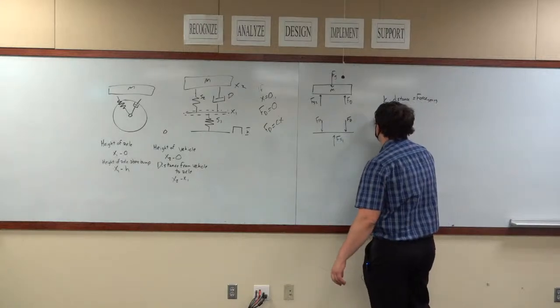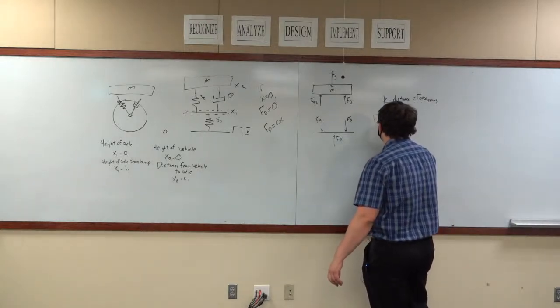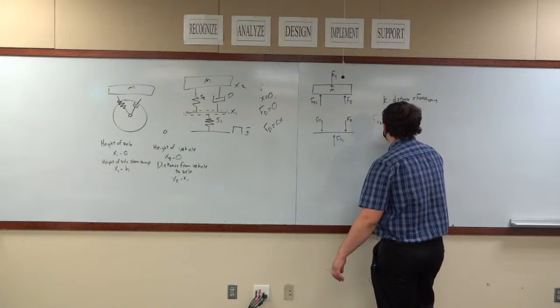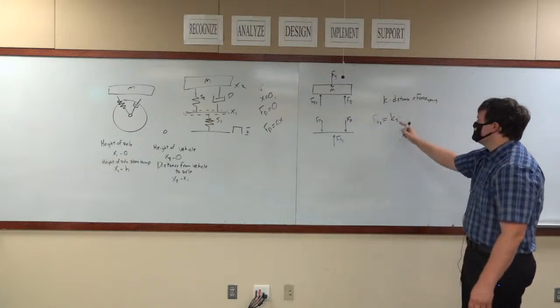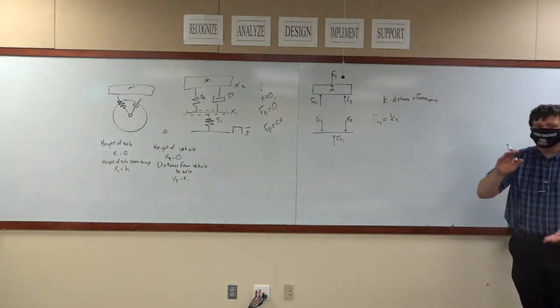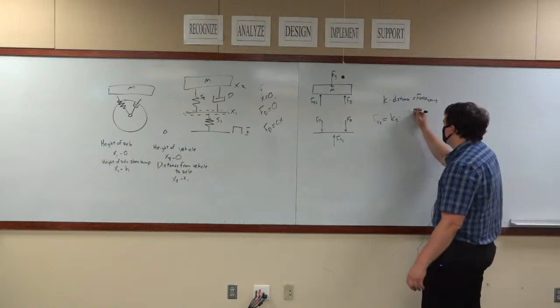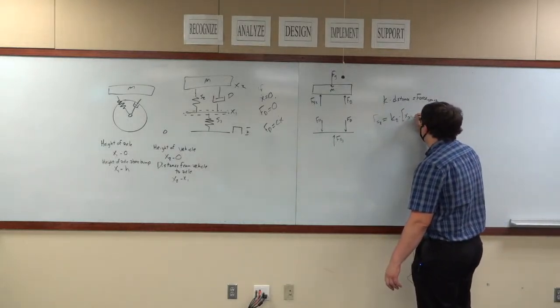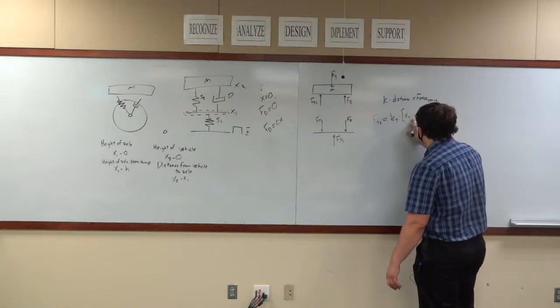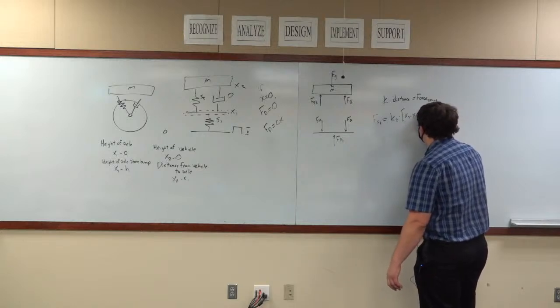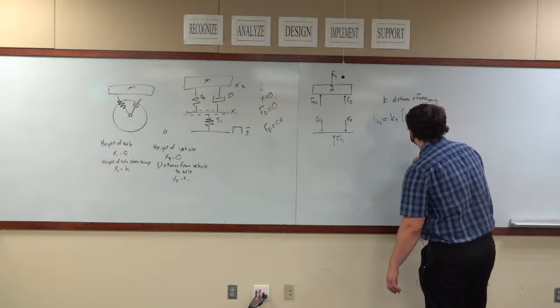So our Fs2 is equal to K2 times what is the distance, what is the length of that spring? It is x2 minus x1. That's equation 1. Okay?